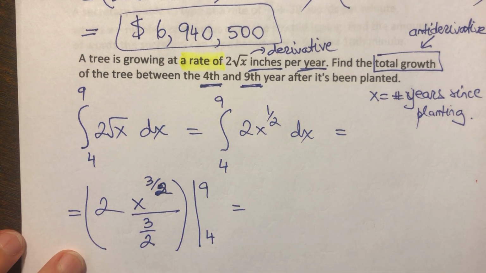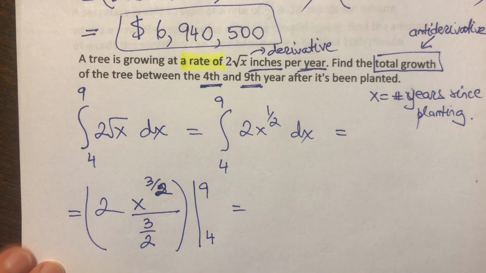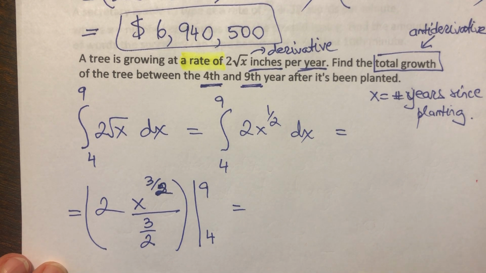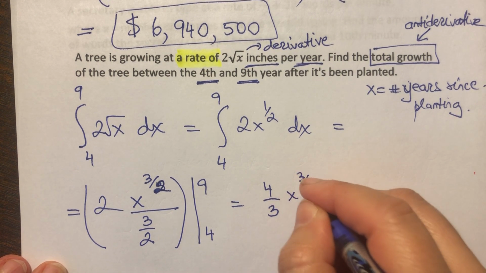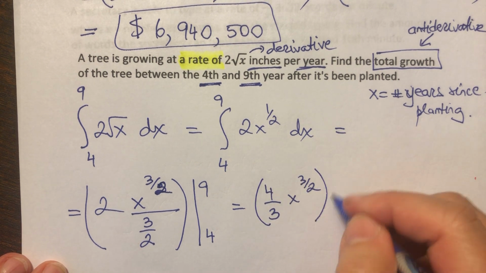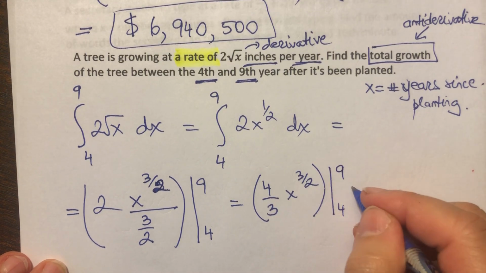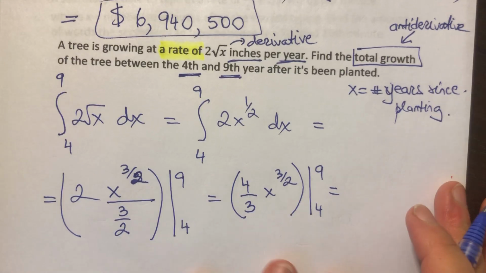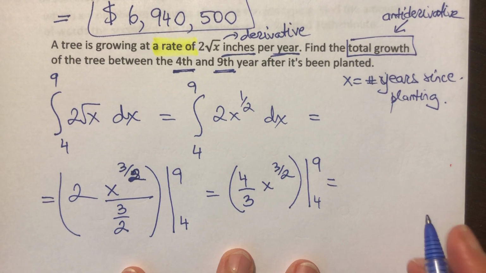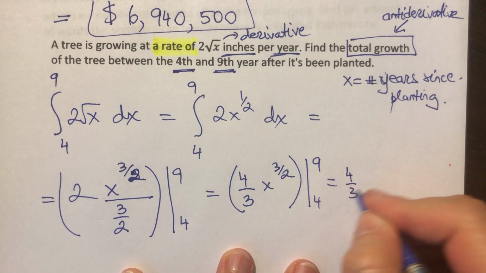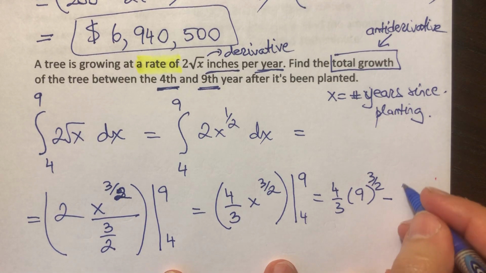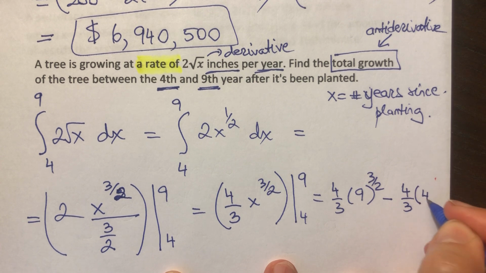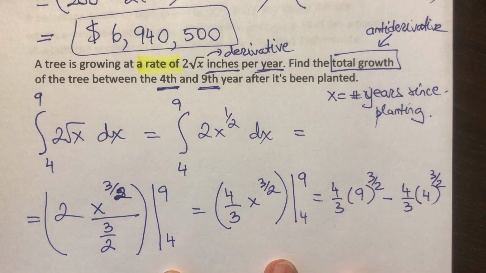I'm going to make it even prettier. To divide by 3/2 means to multiply by 2/3. So 2 times 2/3 is 4/3. You can check up on me if you want, between 4 and 9. Okay, so plug in a 9 minus plug in a 4.